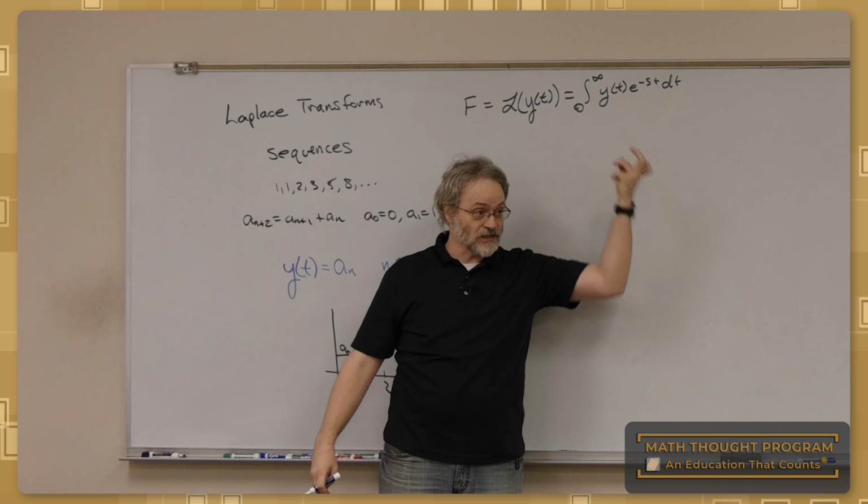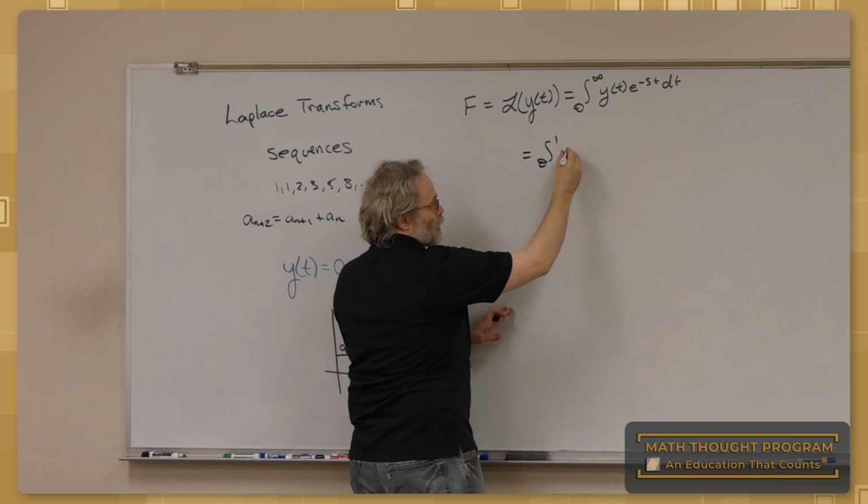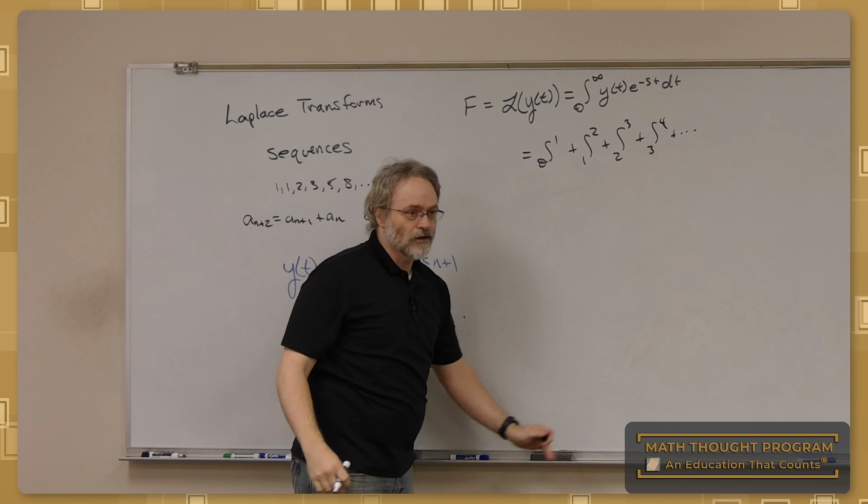You can take the integral from 0 to 1, and then from 1 to 2. Well, I can do that from 0 to positive infinity, where I say 0 to 1, then 1 to 2, then 2 to 3, and then 3 to 4, so on and so forth.